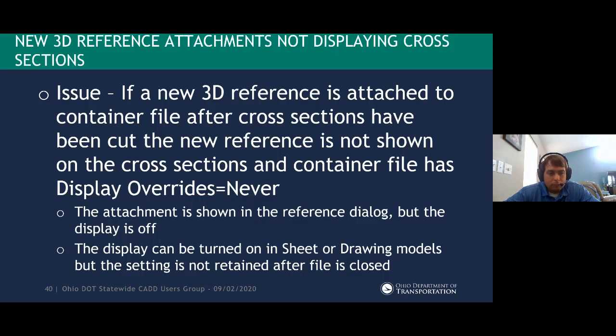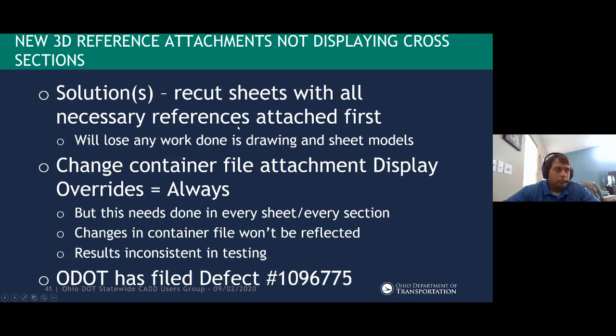So next slide, please, JD. The solution here, and no one really wants to do this, is recutting all the sheets with the necessary references attached first. The downside, obviously, is you'll lose any work that you did in your drawing or sheet model.